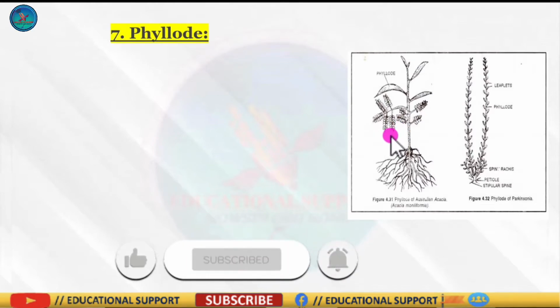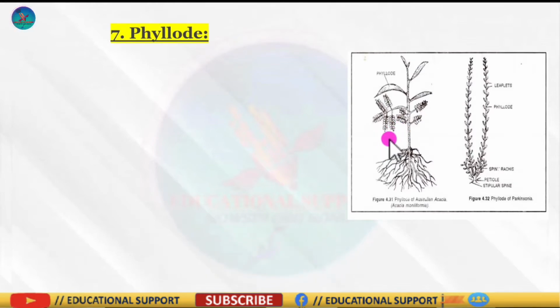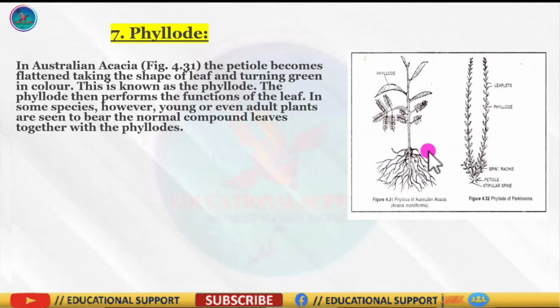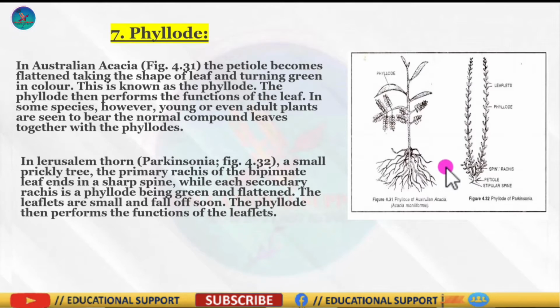The normal leaf, which is pinnately compound in nature, develops in the seedling stage but it soon falls off. In Parkinsonia, figure number 4.32, a small prickly tree, the primary rachis of the bipinnate leaf ends in a sharp spine, while each secondary rachis is a phylloid, being green and flattened.